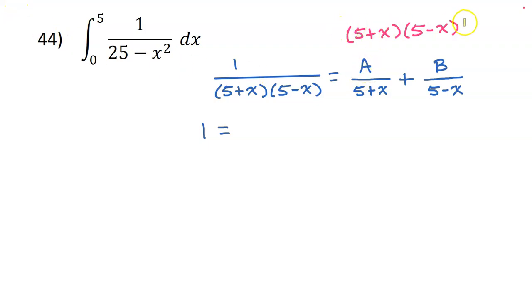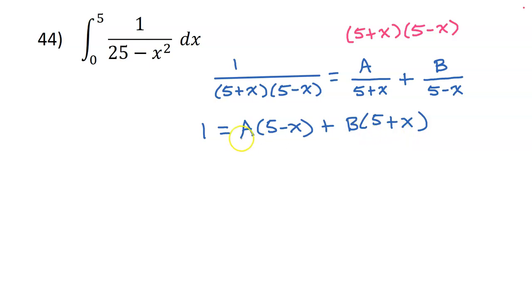When you multiply the common denominator times this middle term, the 5 plus x cancels out, and you are left with A times 5 minus x. When you multiply the common denominator times the last term, the 5 minus x cancels out, and you are left with B times 5 plus x.